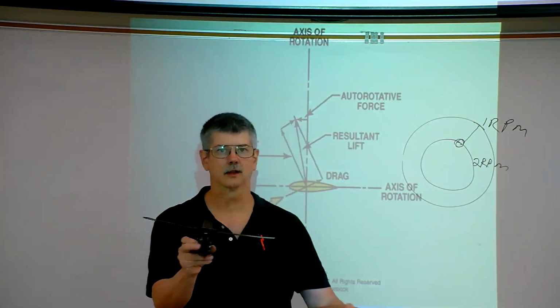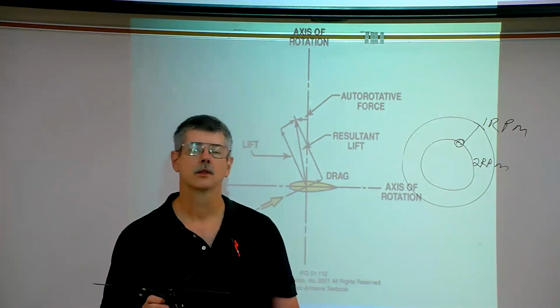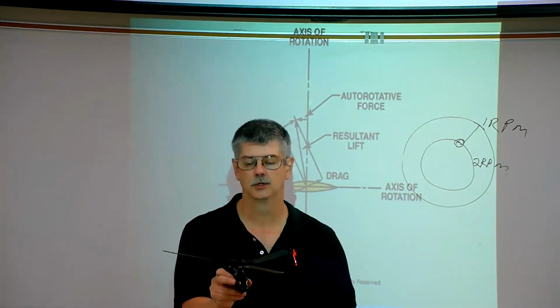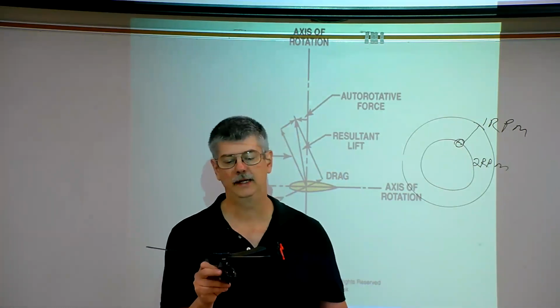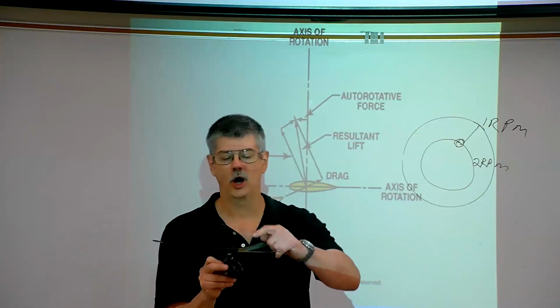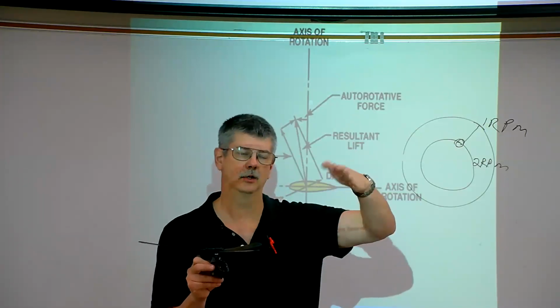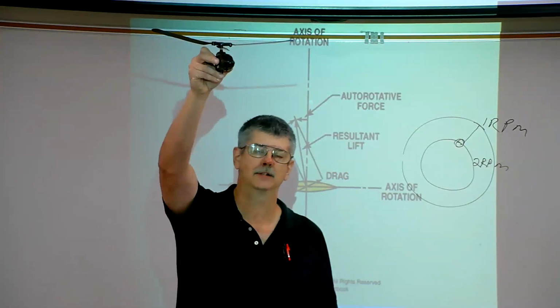If we go to the left, go to the right, those things will happen. The collective is used to increase the pitch of the blades collectively, meaning all together. So if we lift up on the collective, all the blade angles will increase, thus producing more lift. That makes us go up.